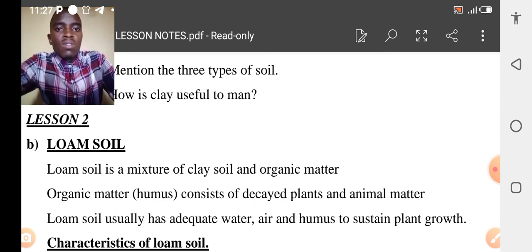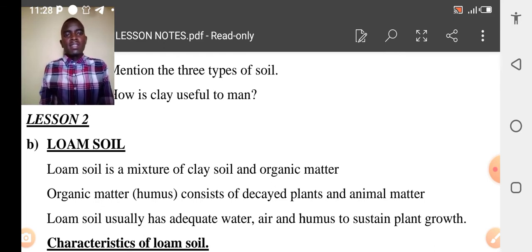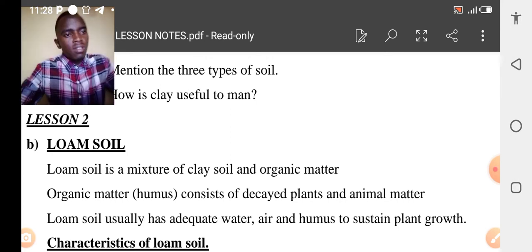So loam soil usually has adequate water, air, and humus to sustain plant growth.